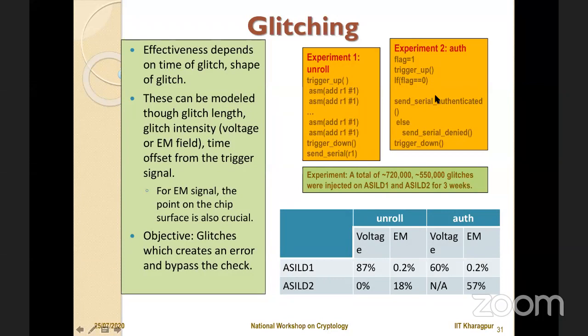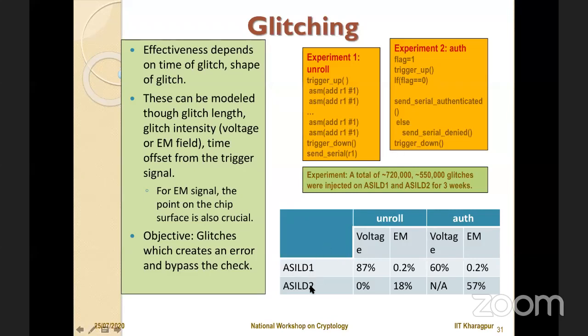So what we see here in experiment 2 is if you can introduce a fault and the fault bypasses the authentication check, then we would call it a fault still being prevalent on this design. That means the redundancy check that is present in the device doesn't work to protect against this class of faults. So here is a snapshot of this result.